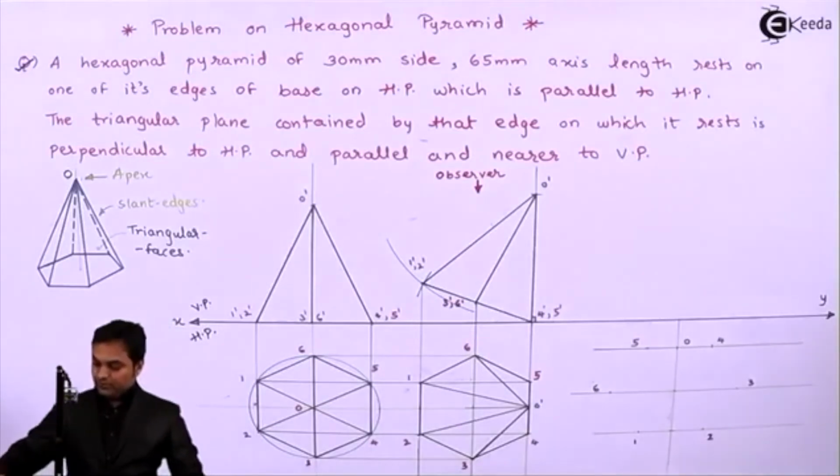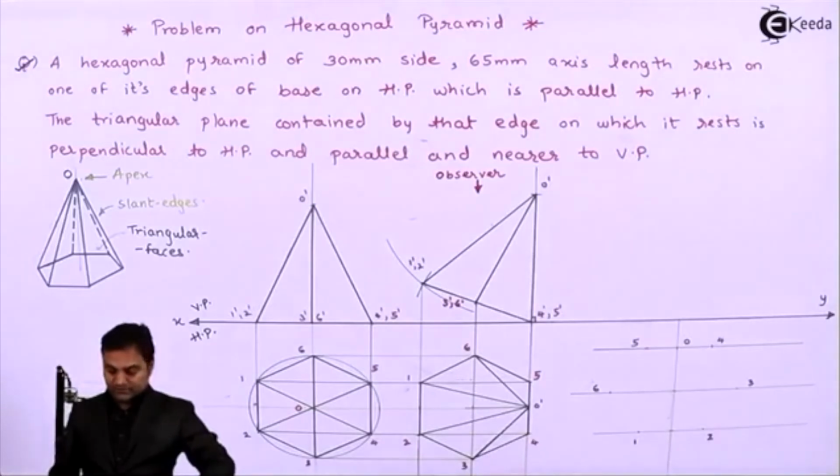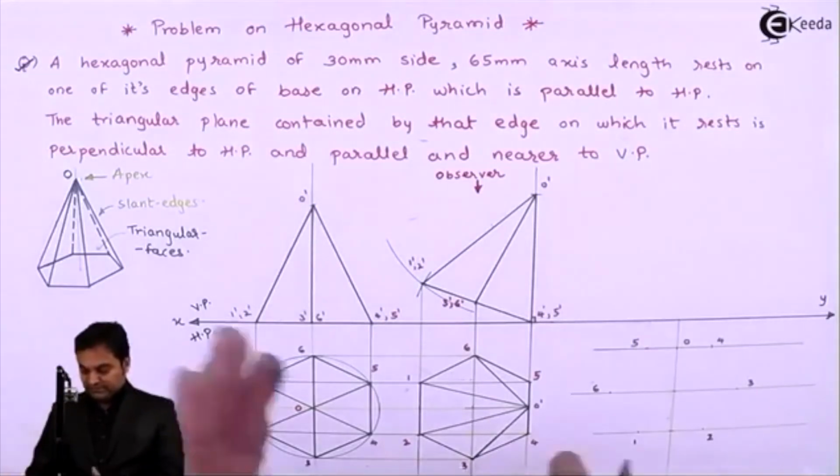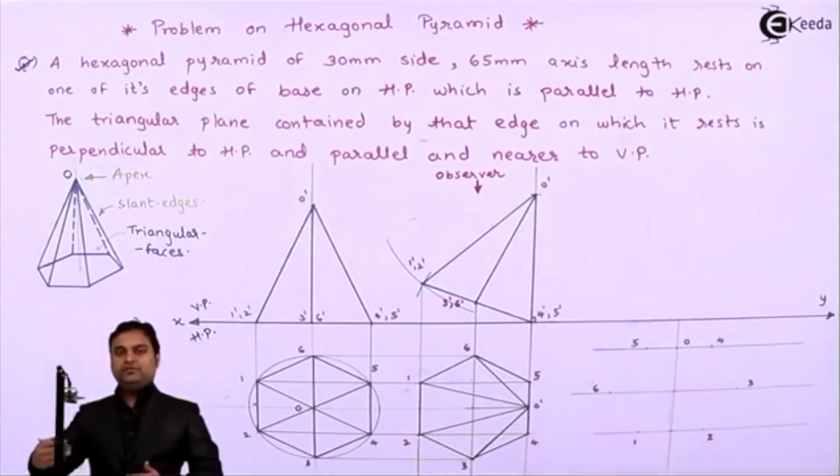Next, joining them in proper sequence will give me the hexagon which I have drawn here, hexagonal pyramid. So this is nothing but I have copied this hexagonal pyramid here, keeping its triangular face parallel to VP.